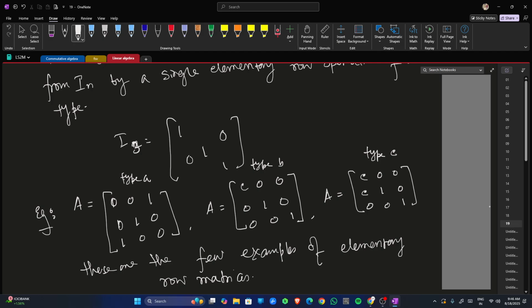Now you can produce as many elementary row matrices as you can. Okay.